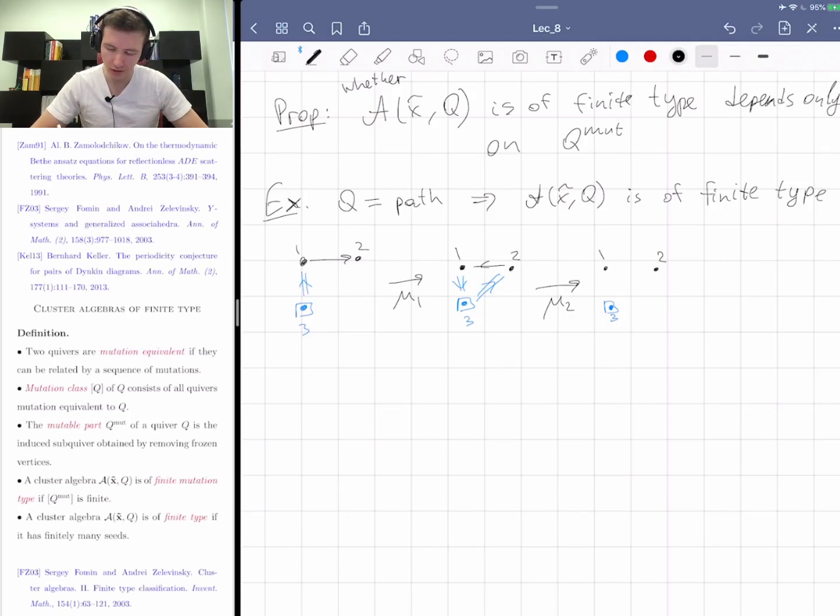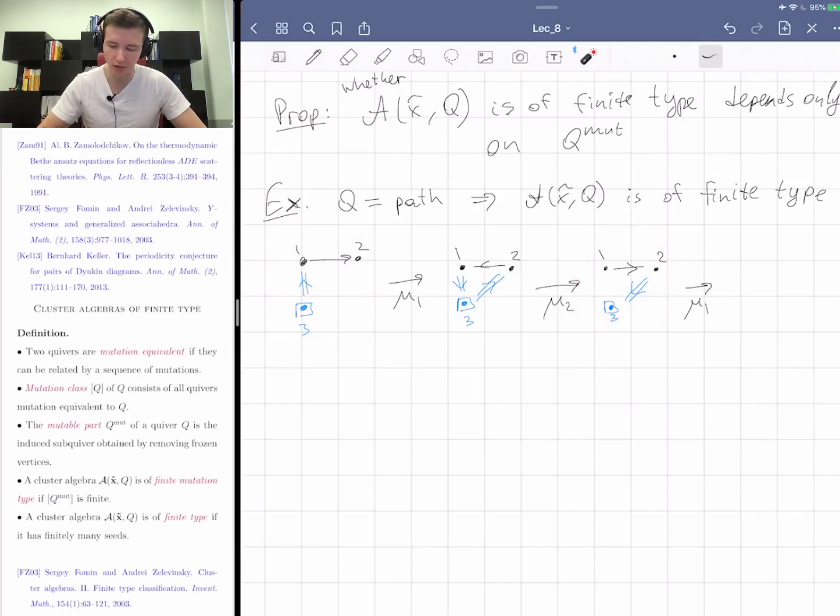Okay, you get something like this. And then the only other one you can do is mu1. And you can see that it's basically symmetric to this. So the whole process is going to keep going.